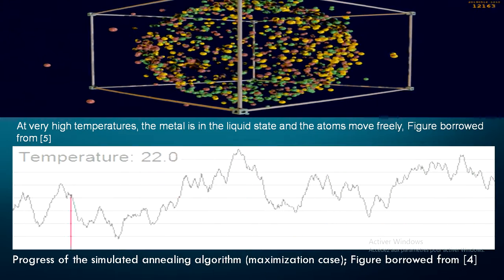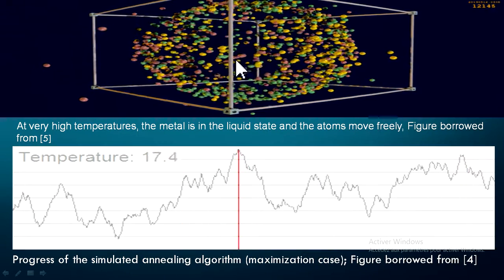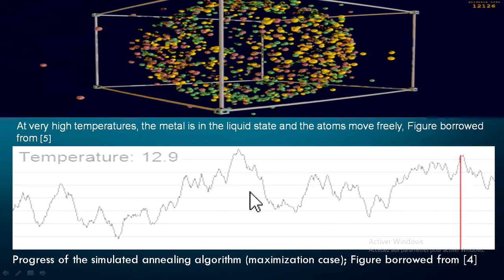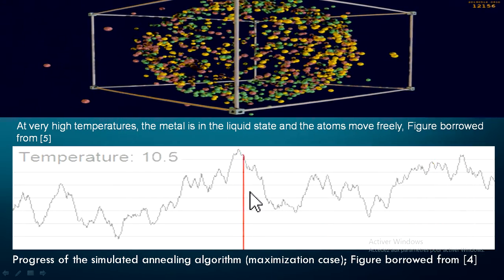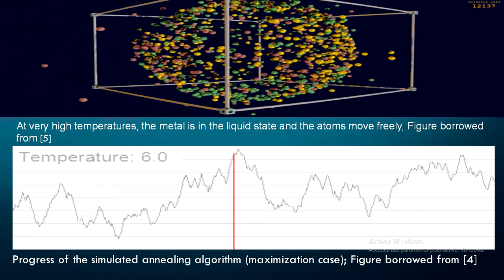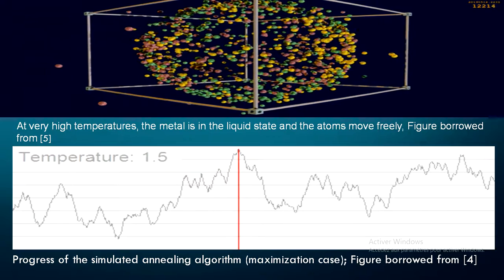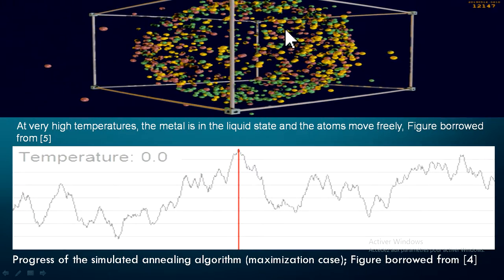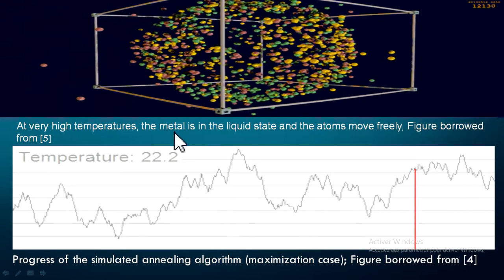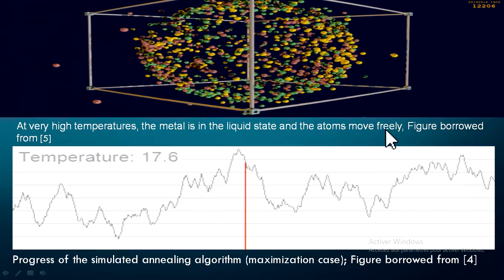This is a dynamic illustration of the structure of the metal in metallurgy. And this is a graphical illustration of the process of the simulated annealing algorithm. The title of this illustration is: at very high temperature, the metal is in the liquid state and the atoms move freely.